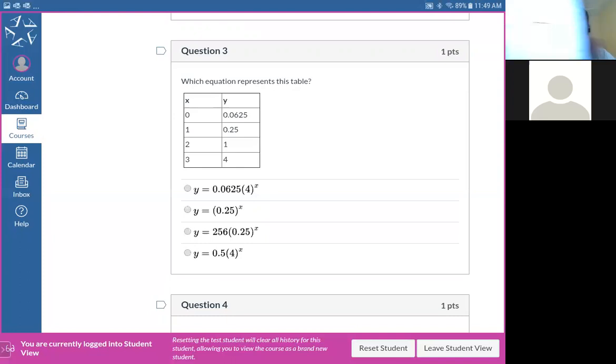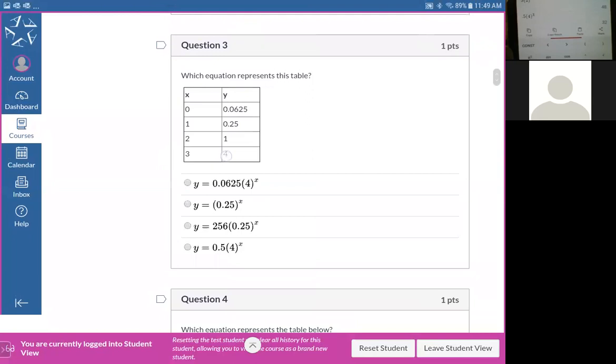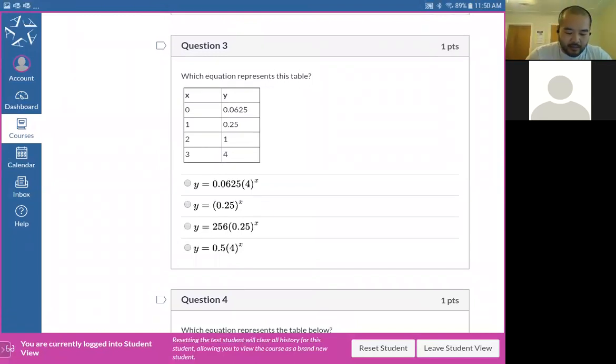That is not 4, so it's not D. Let's try 256 times 0.25 to the 3. Oh, it's pretty close, 4.04. Let's see if these other ones work.